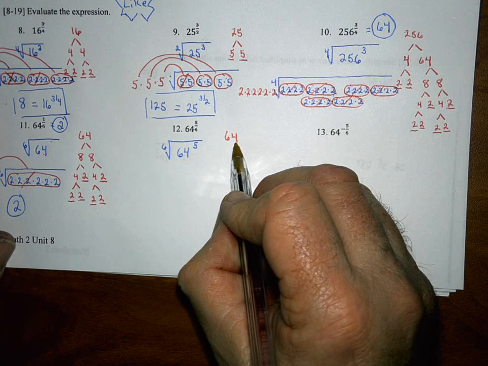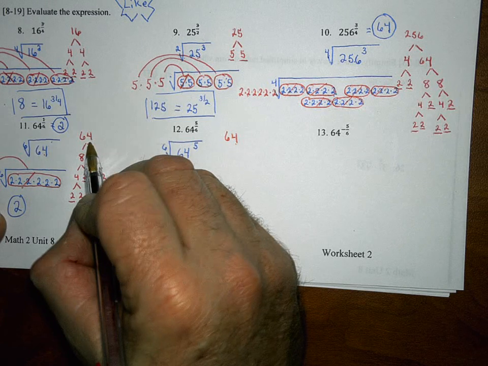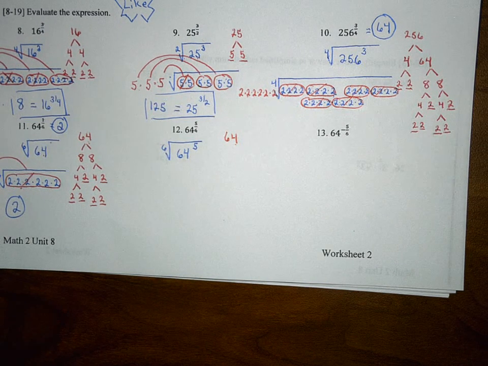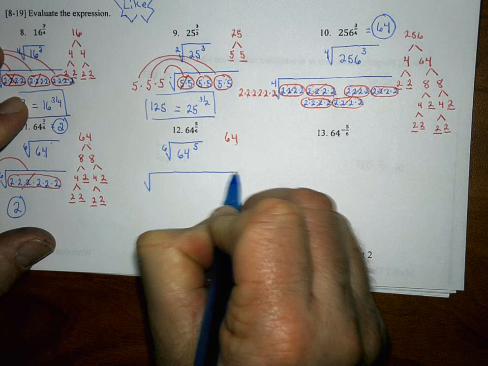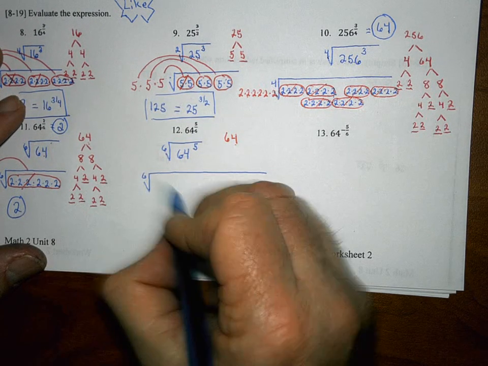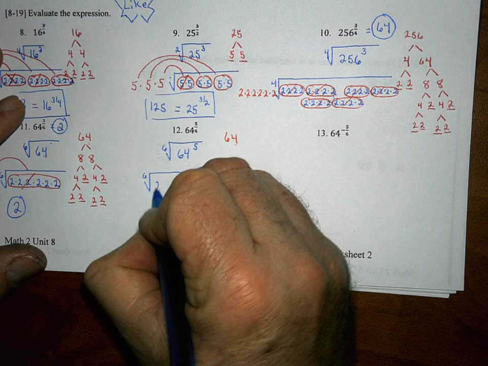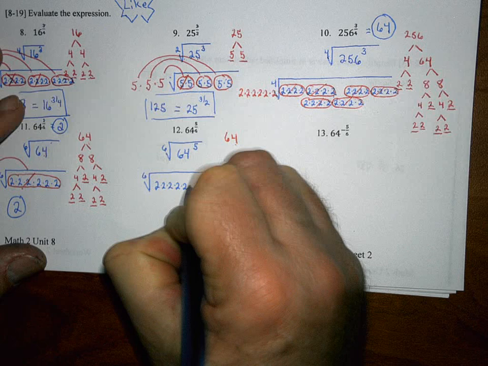Now I'm not going to factor tree 64, because I just factor treed 64 over here. So when I expand this out, I know that 64 becomes 2 times itself 6 times. So I'm going to end up with 2 times 2 times 2 times 2 times 2 times 2.